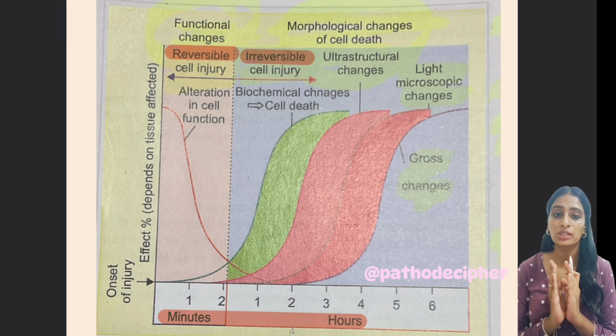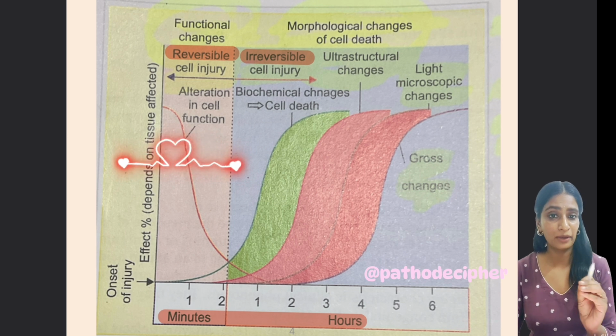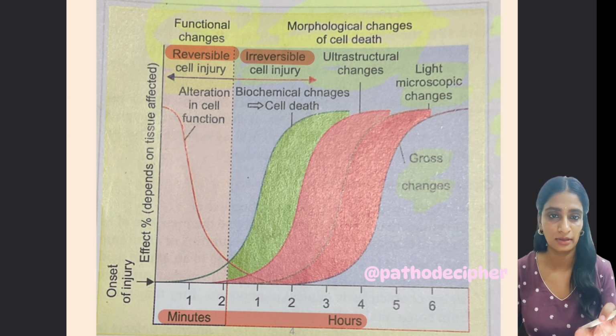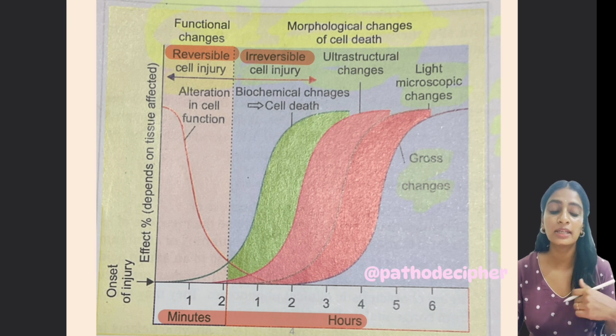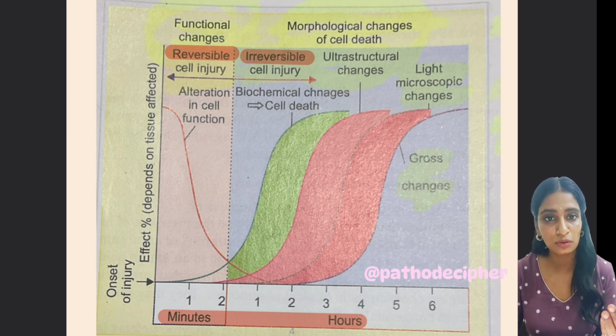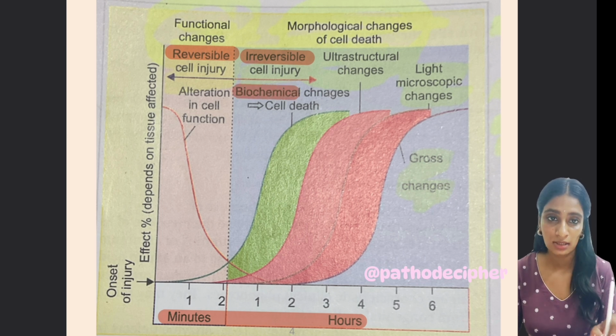I'll give you examples for each so that you can remember the concept. Take MI: there will be damage of cardiac muscle, which releases enzymes, such as creatine kinase, and those enzymes will show higher levels in the serum.